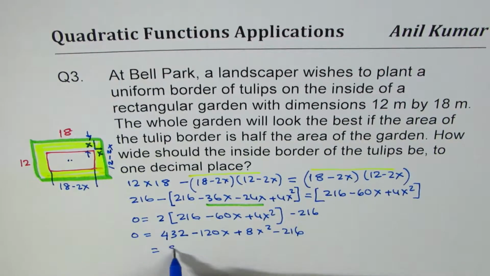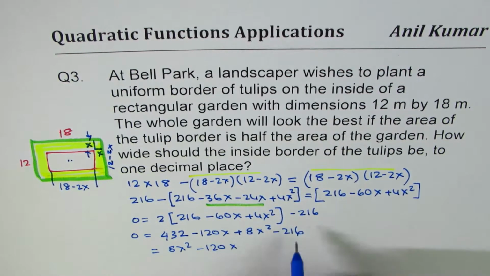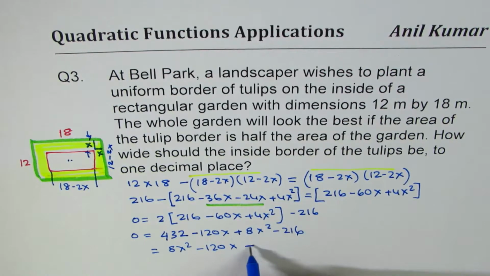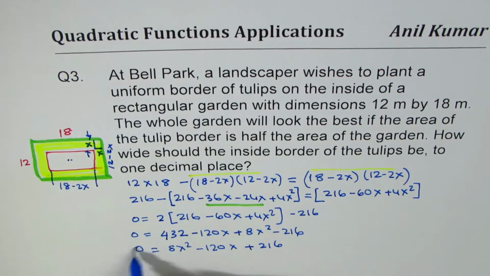Now that gives us 8x squared minus 120x, and this when you take away you get 216, right? So you get plus 216. So that becomes your equation which you need to solve for x.